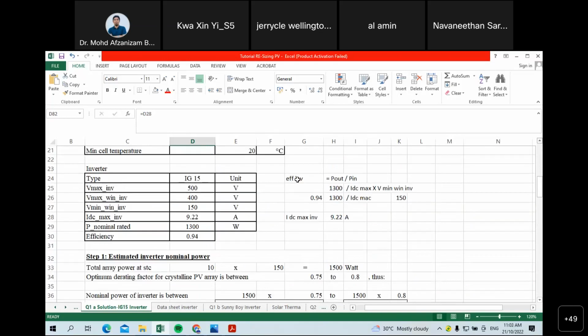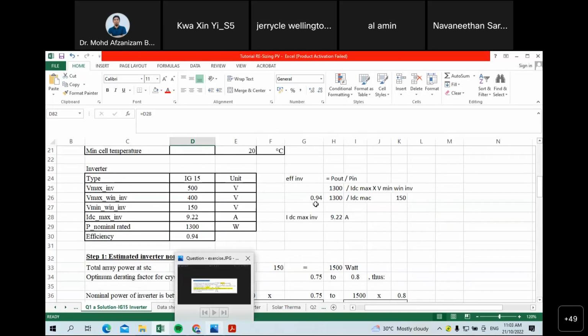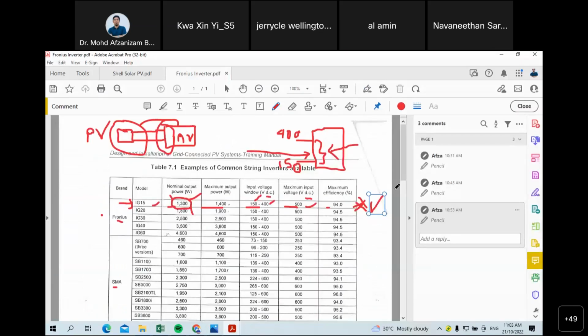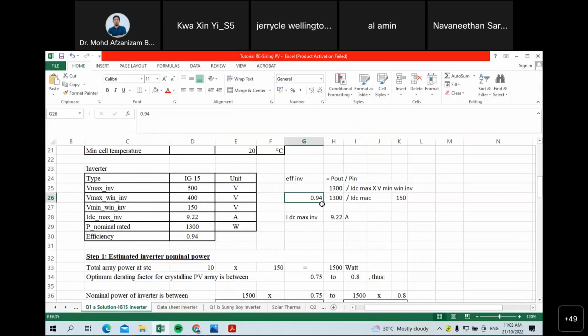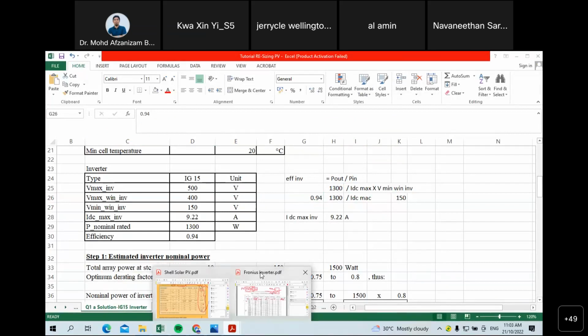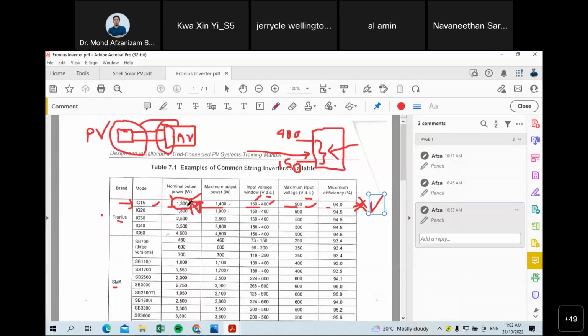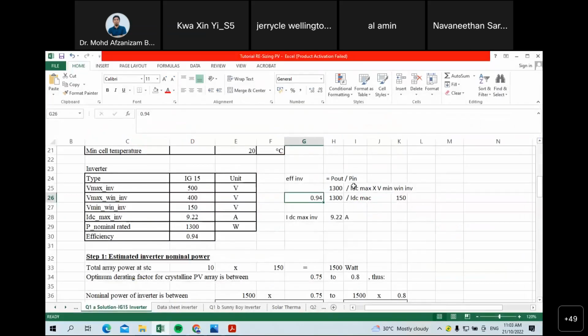The efficiency of the inverter, from the datasheet, we gain 94.0, or 94. P out is the nominal 1300, which is from this one. And then the IDC max, the thing we want to get, times V min window inverter.